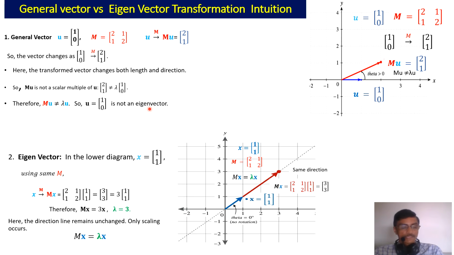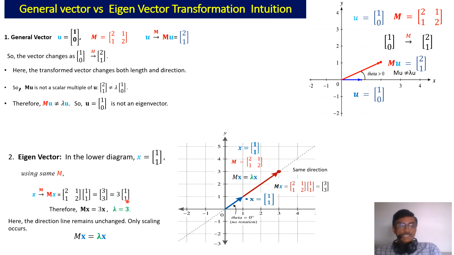Coming to the second case, eigenvector x. Now consider the special vector x, (1, 1), shown in blue in the lower diagram. We apply the same transformation matrix M, which is [[2, 1], [1, 2]]. After transformation, the transformed vector Mx becomes (3, 3).